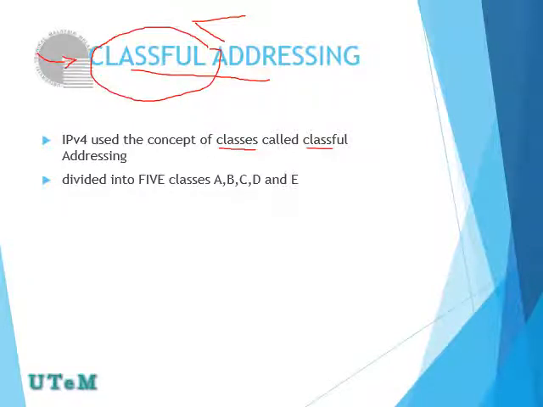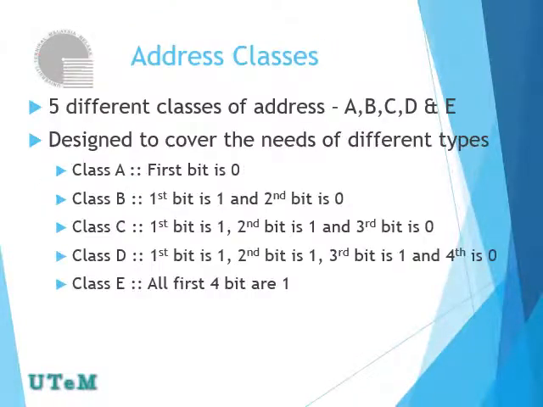The addresses are divided into 5 classes, A until E. So how to differentiate the classes? We can have a look at the bit representation. Look at the first 4 bits in the first octet.